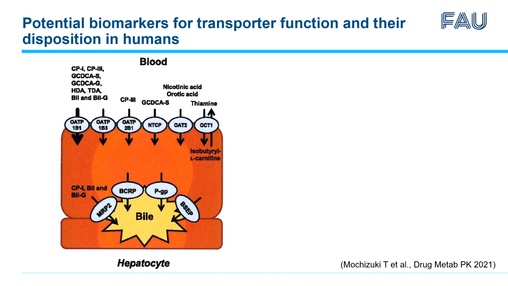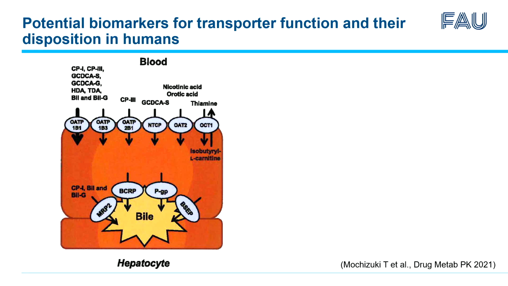And here you see certain biomarkers which have been proposed in literature. For example, here on the left side, the biomarkers for the OATP1B transporters, OATP1B1 and OATP1B3, which are the uptake transporters for statins, for example, which I mentioned before.